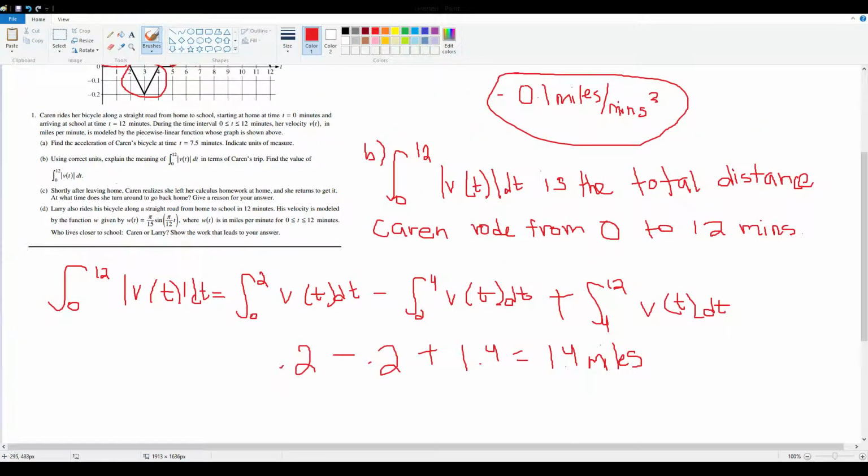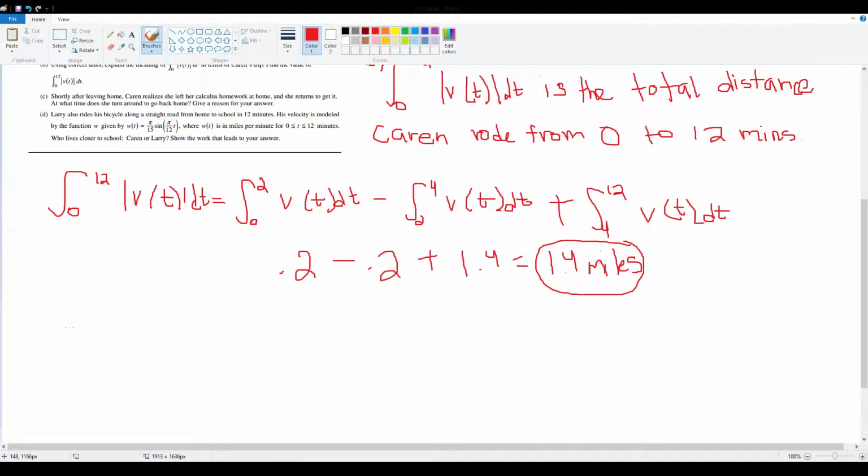So the points are the explanation, the total distance Karen rode from 0 to 12 minutes, and also the value, 1.4 miles, and that's worth 2 points.